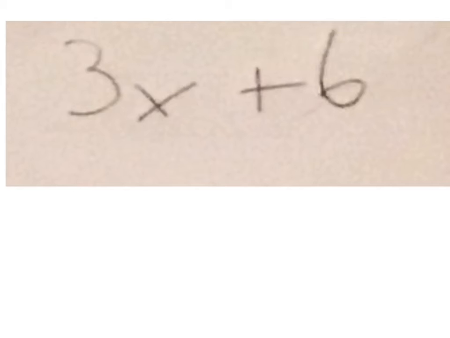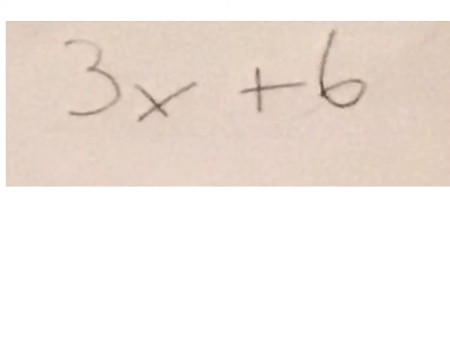So for this problem, we have to factor the expression. So what we do is we find the greatest common factor for both of them. The only factors of 3 are 1 and 3 because that's a prime number, and 3 can go into 6. So that would be the greatest common factor of 3x and 6.